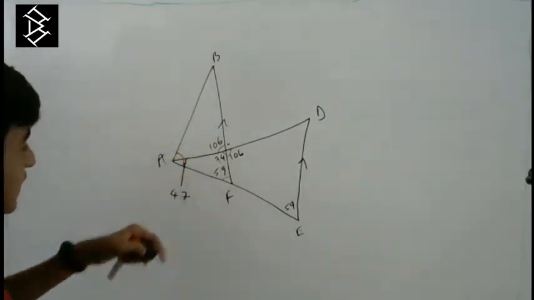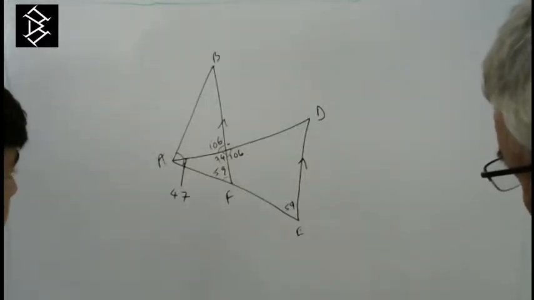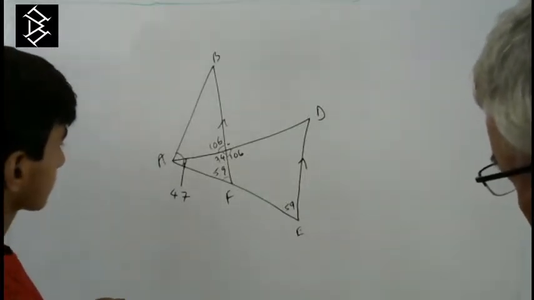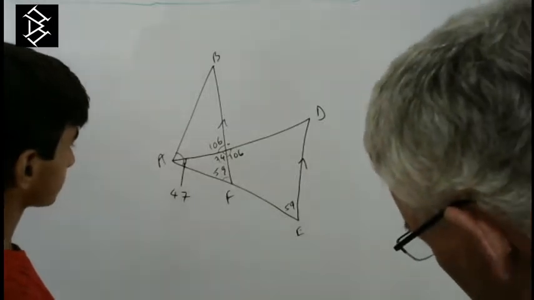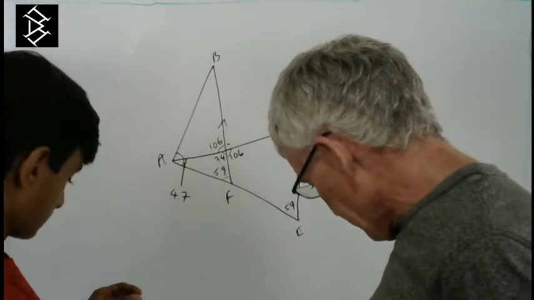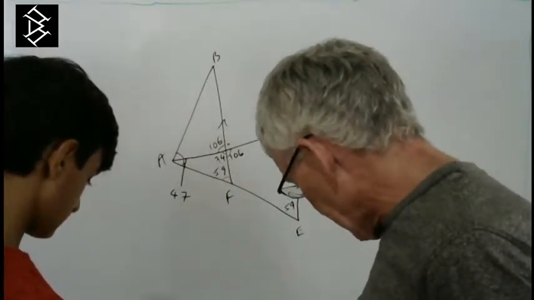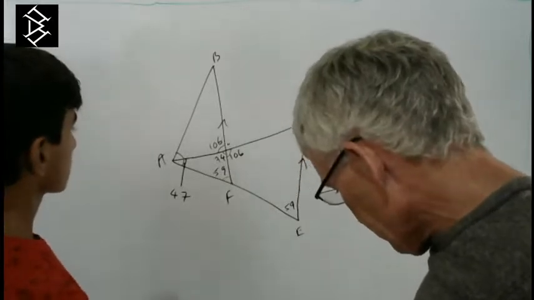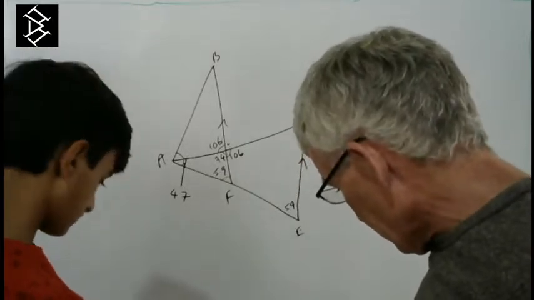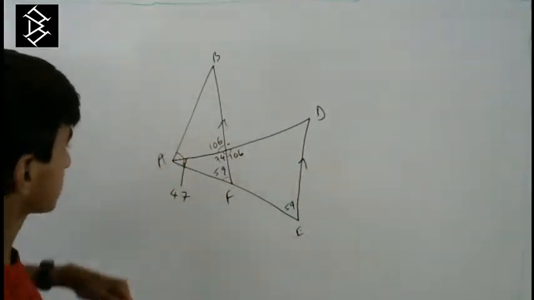Now we have to find this angle. A number of ways we can do that. What else would tell me that? Oh no, it told me that AC equals CB. So we know that this is an isosceles triangle.